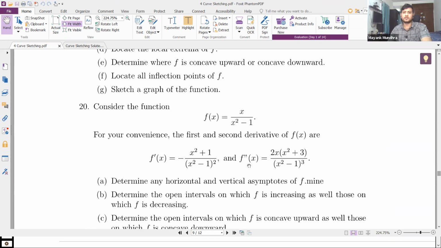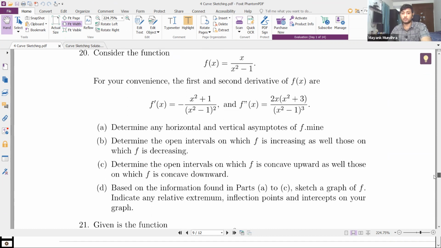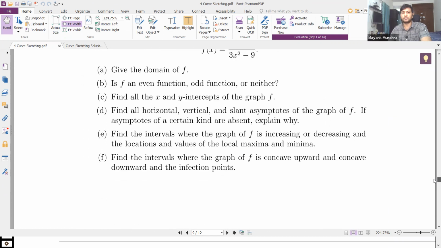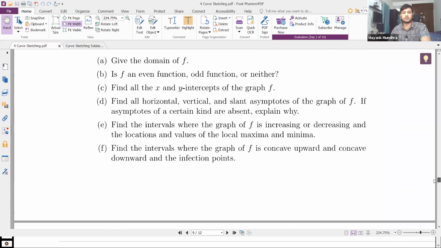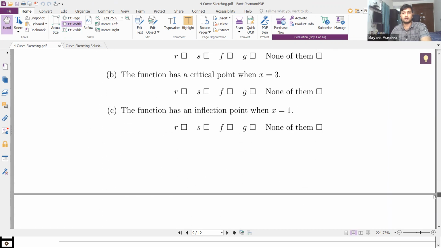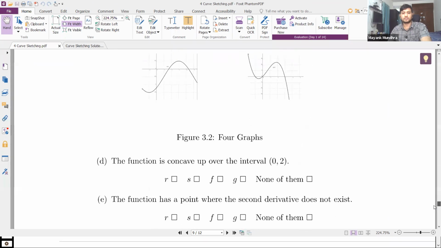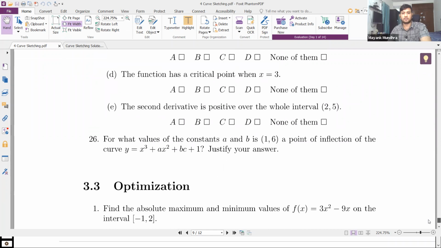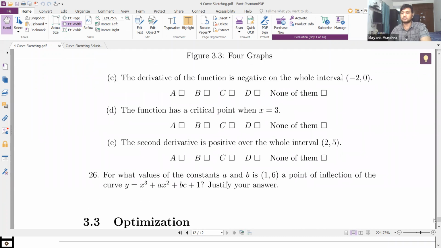So further onwards, they have actually given you the f prime and f double prime to basically reduce your calculation time so that you can focus on the optimizing part and not on the differentiating part. Fine. All right. So it's going to be interesting. 25, 26. Yeah, there are 26 odd problems.